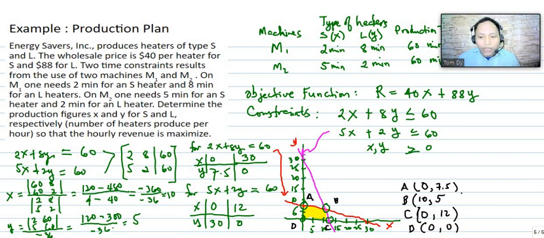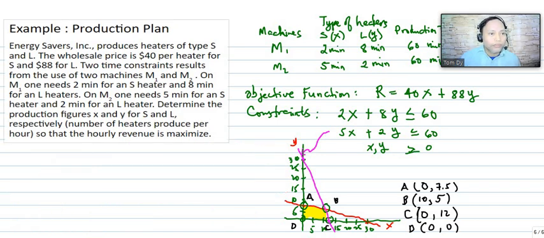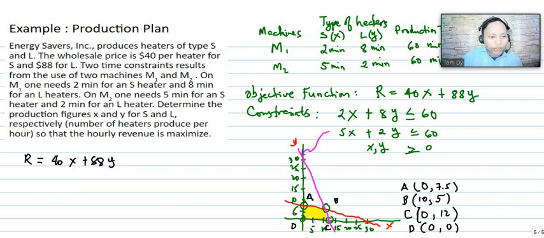Okay, so we have here the values of points A, B, C, D. We will be using these in our computation of revenue. I will write here our revenue, which is equivalent to 40x plus 88y.